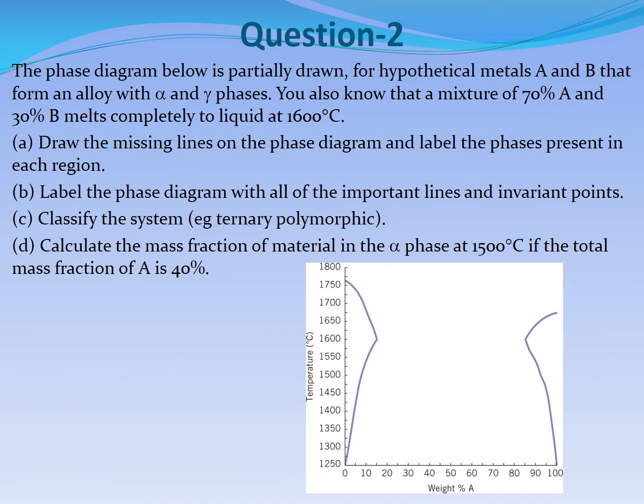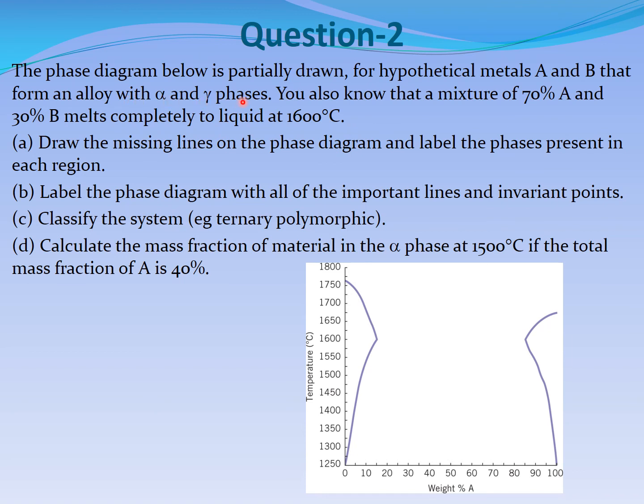Question 2 of quiz 3. The phase diagram below is partially drawn for hypothetical metals A and B. If this says weight percent A, then on one side is metal A, on the other side is metal B. They form an alloy with alpha and gamma phases.